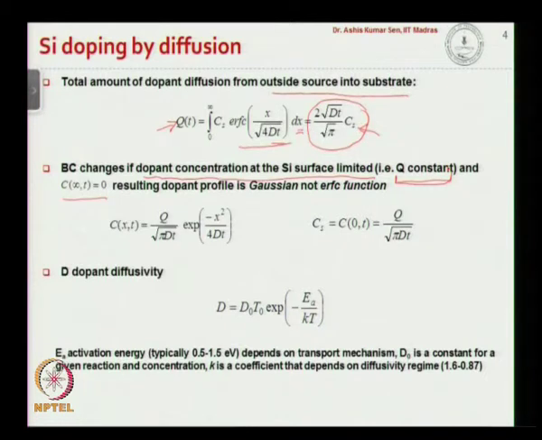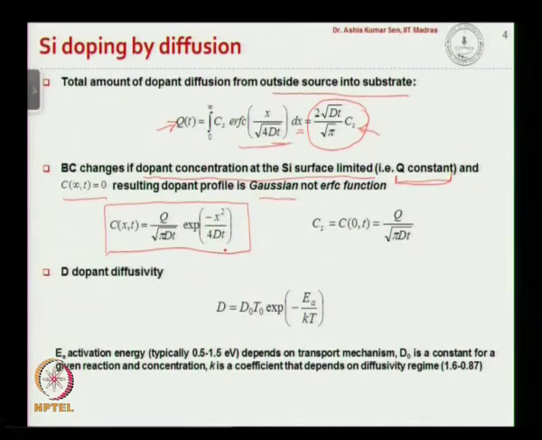Now if we use these two boundary conditions, then the resulting dopant profile, the variation of the concentration of the dopant with x and t, will be Gaussian in nature, whereas in the previous case it was a complementary error function. So C(x,t) will vary as Q over square root of pi Dt times exponential of minus x squared over 4Dt.